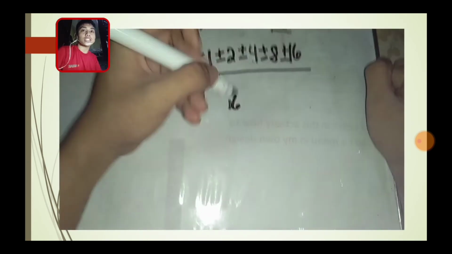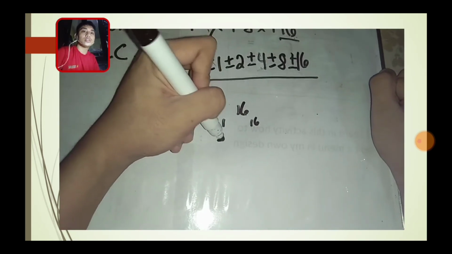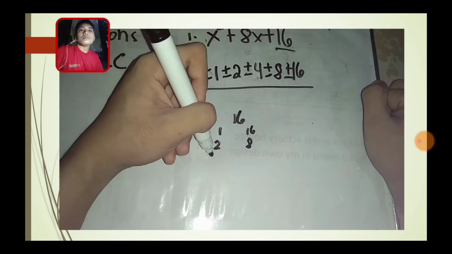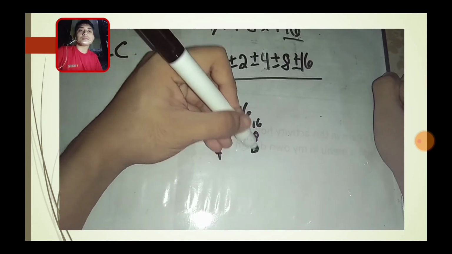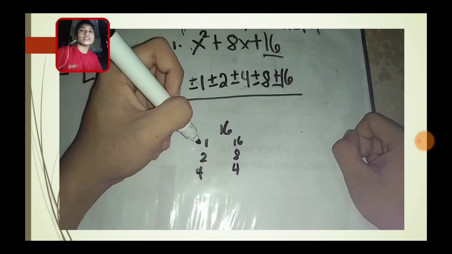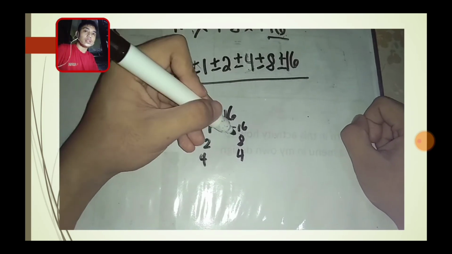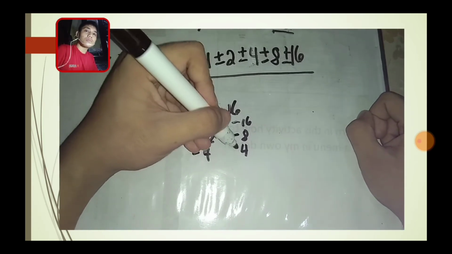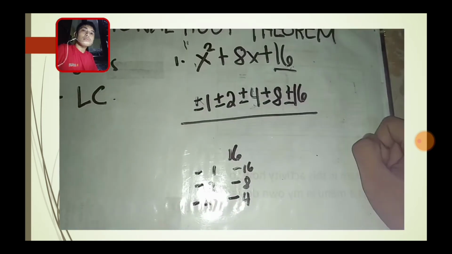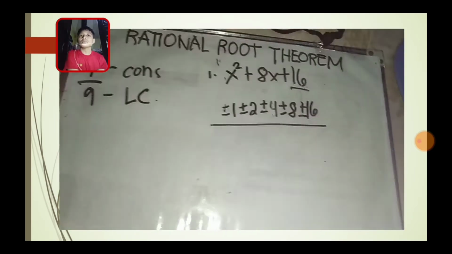In 16, we have 1 and 16, 2 and 8, 4 and 4. It could also be reversed, so maybe negative 1 and negative 16, or negative 2 and negative 8, or negative 4 and negative 4. Whichever of those, that's why I indicate positive and negative.